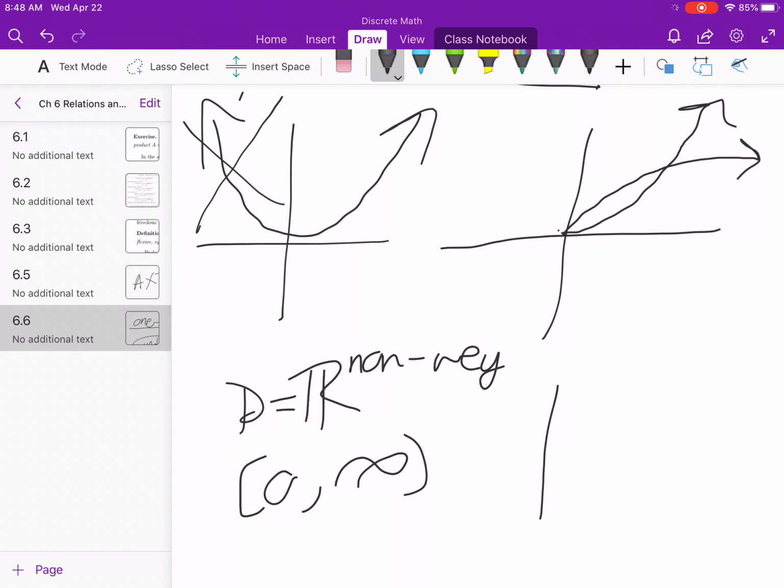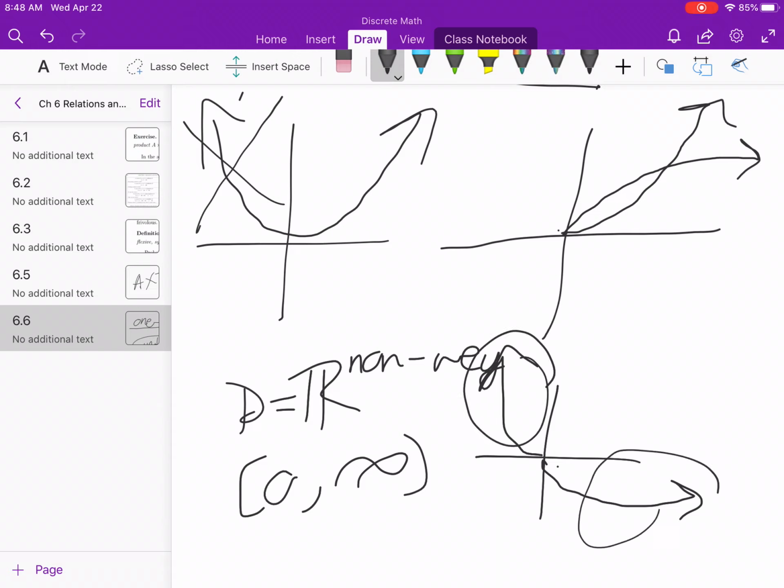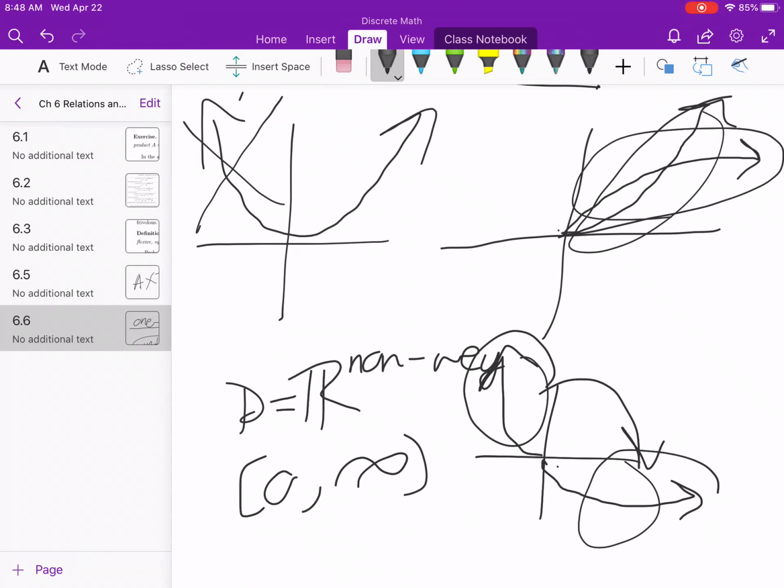And similarly, if I restrict it the other way, so if I just allow negative numbers, well, some non-positive numbers, what I'll get is this kind of weird-looking function like that. And the mapping from here to here is a one-to-one mapping, and it's also onto, we could think.